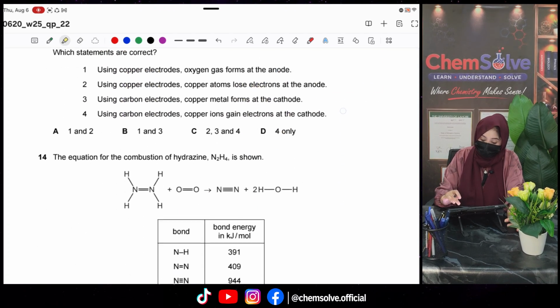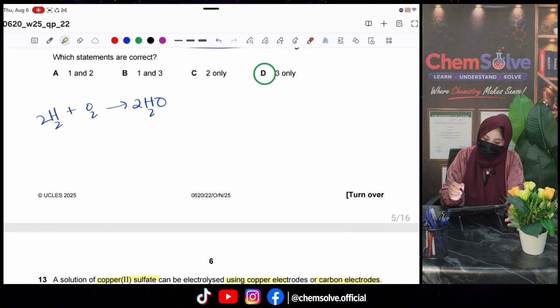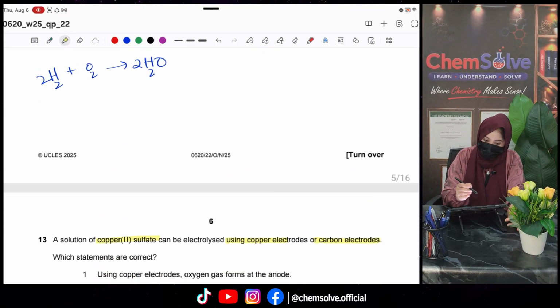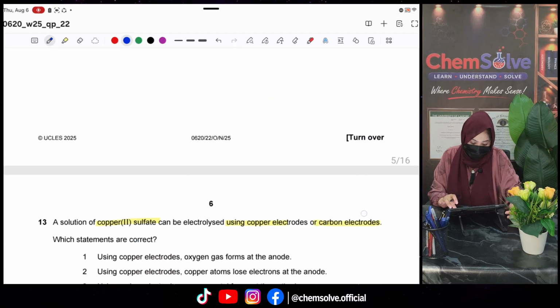So for that, of course, we have to look at the electrode products. So I'm going to write it here, and I will use this space for this question.